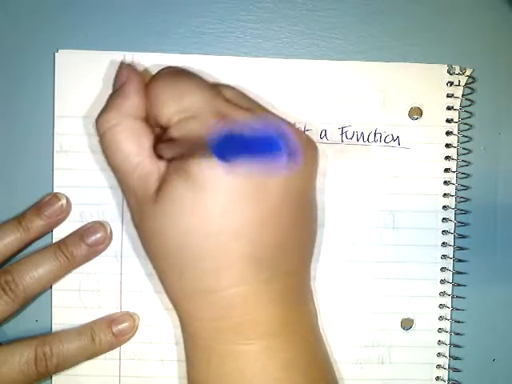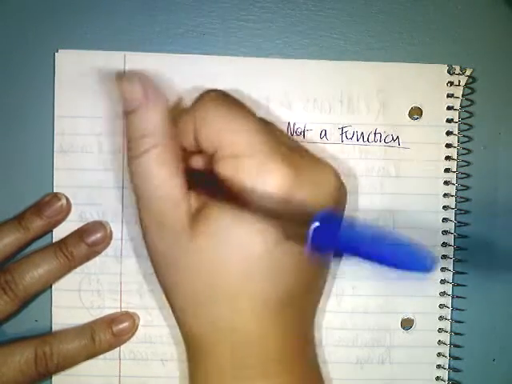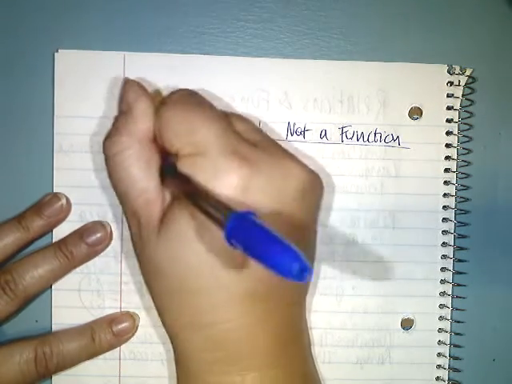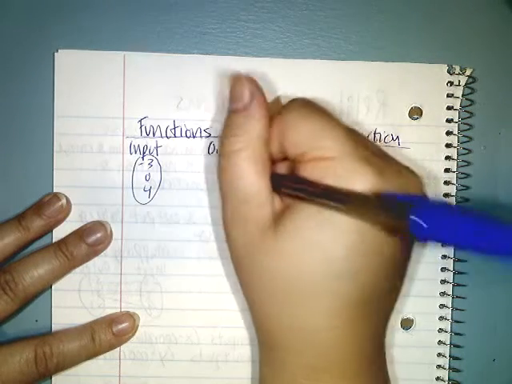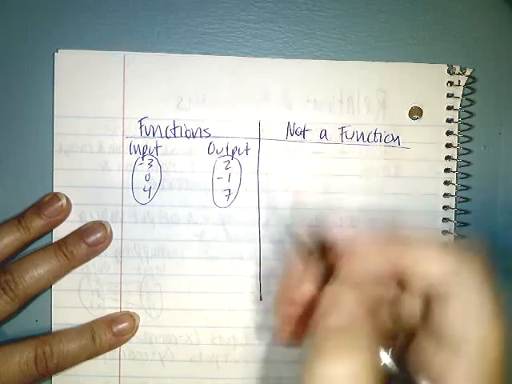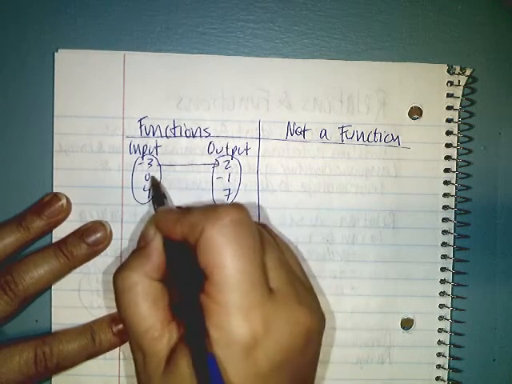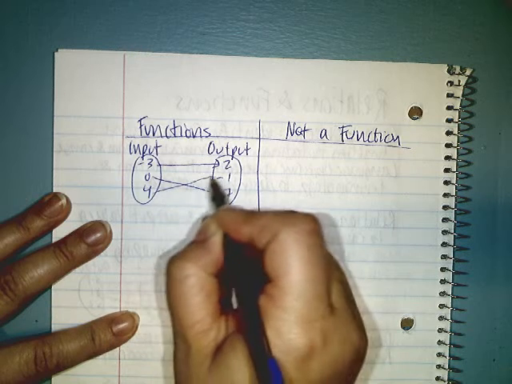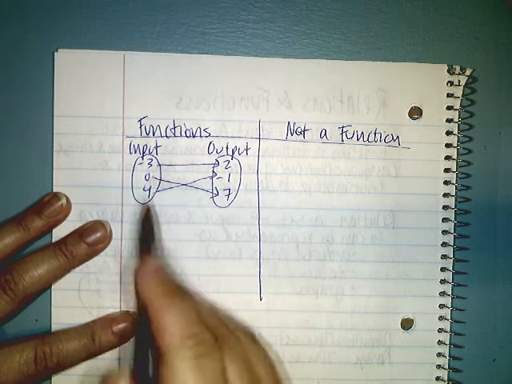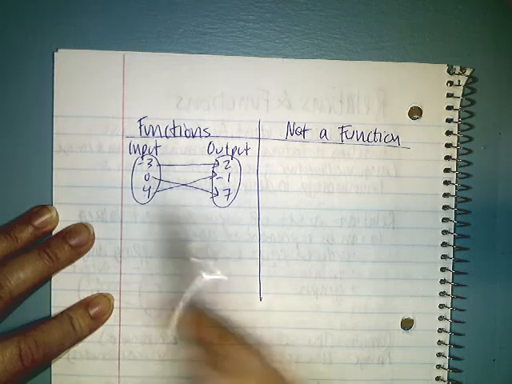So we'll start with a mapping. So an input, output, we'll do -3, 0, 4 in our first circle, and then 2, 1, -1, 7 in our second oval. We can have these cross over. But as you can see, each x value only has one arrow coming out of it.